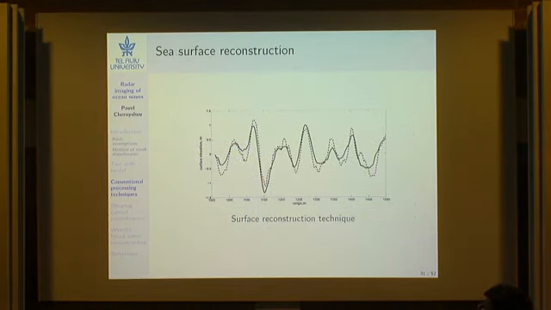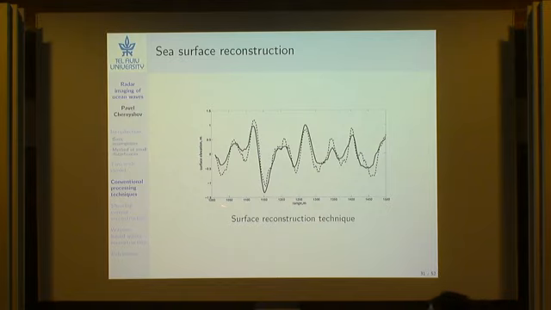Let's go further. This is the conventional method of inversion of radar images. The idea is to filter everything except the first wave harmonic, which we fitted, and then make the inverse Fourier transform. And we get a picture like this.